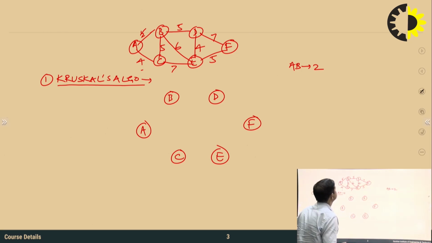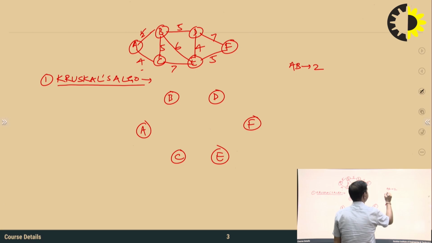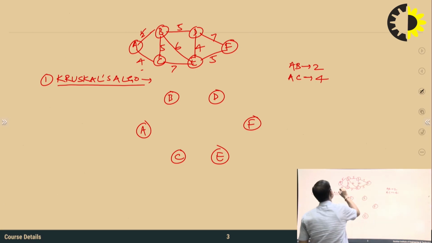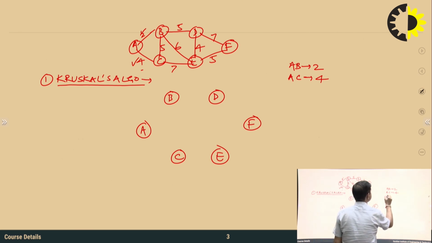Then next one is 4, that is for AC. That is given 4. This is also done. Then DE is also given 4.